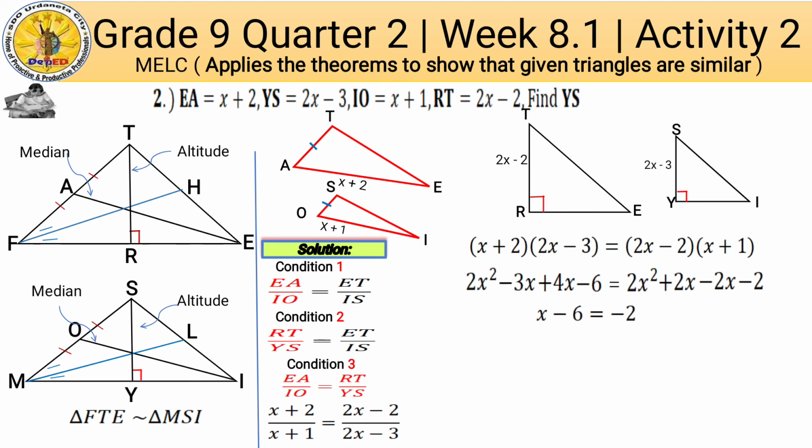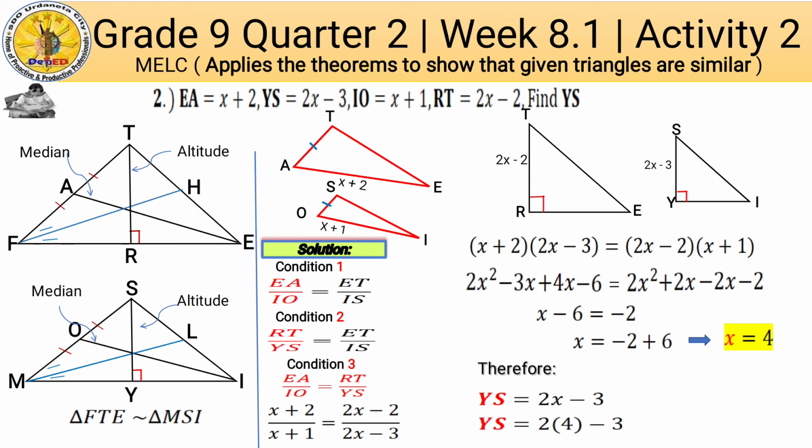Moving negative 6 to the right side of the equation, then add negative 2 and 6, we have x equals 4. To get the value of YS, substitute x into the expression 2x minus 3, and we arrive at the answer YS equals 5.